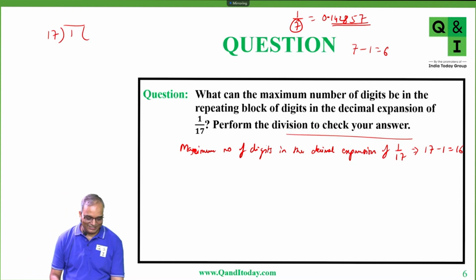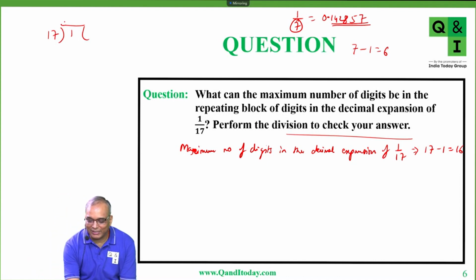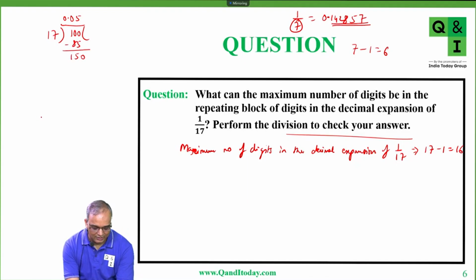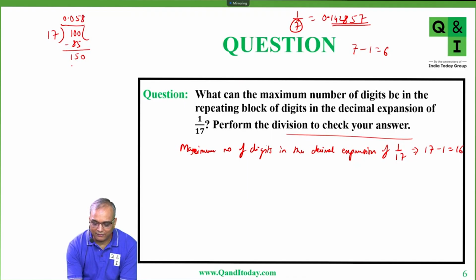Let's do that. Because 1 is less than 17, I'll put a 0. So 10. Again a 0, we have 100. We know that 17 times 5 is 85. So you have 15, 150. 17 times 8 is 136.